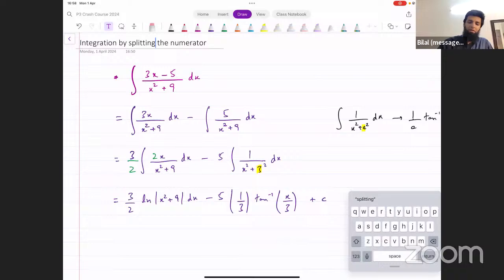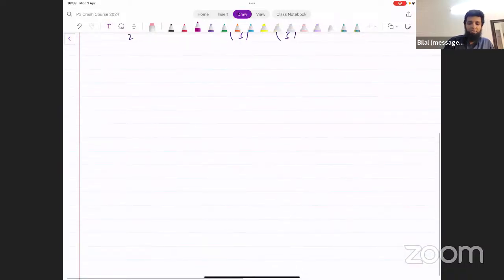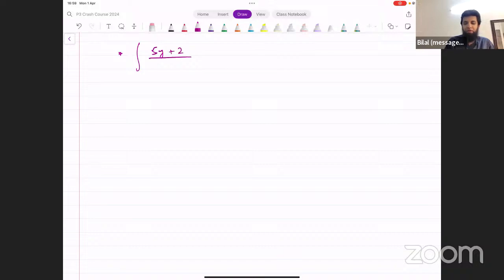Okay. Let's take another example. Let's say you have something like this, integral of 5y plus 2 divided by 2y. Let's say we had to integrate this.